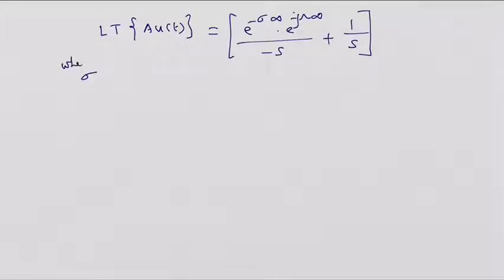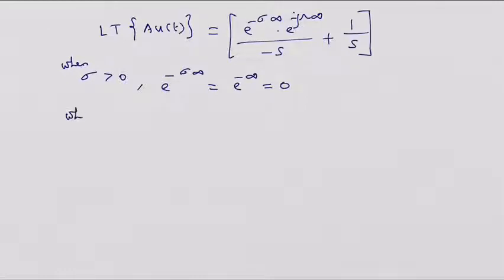When sigma is greater than 0, a positive quantity, e power minus sigma into infinity becomes e power minus infinity, which is equal to 0.